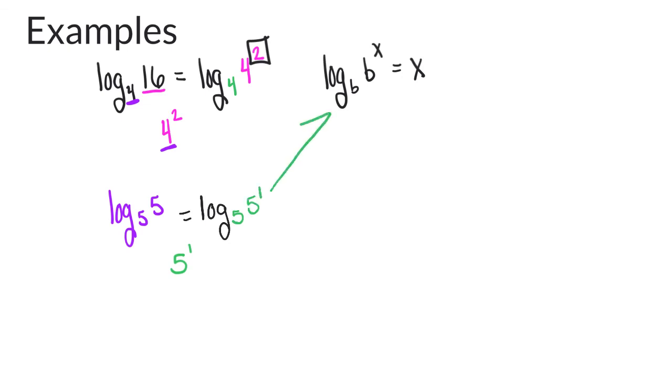Then again, it is just like this property here, where it's just going to simply equal 1. You could have also used the other property, log base b of b, and how that equals 1.